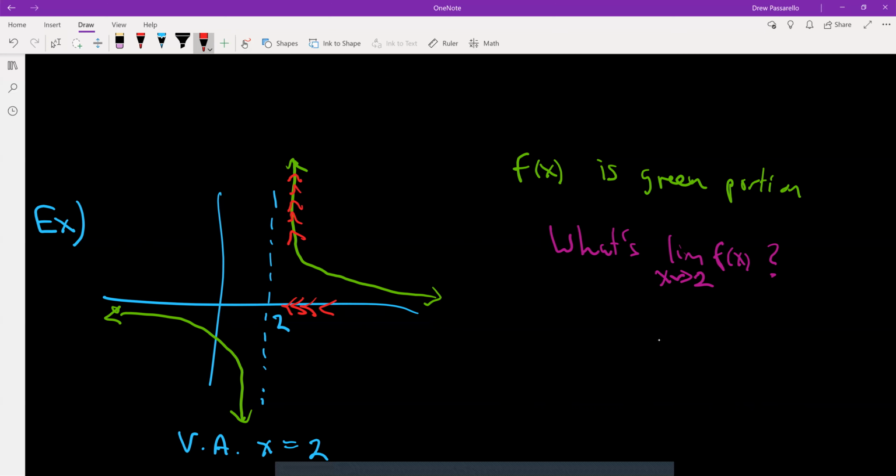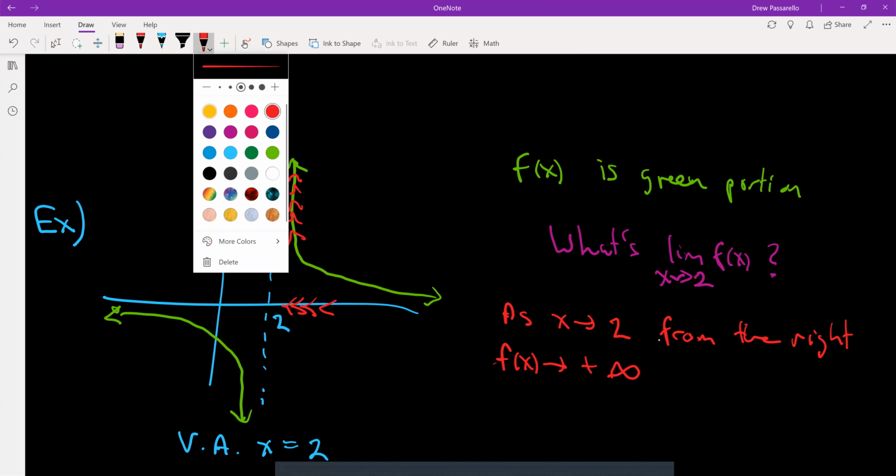It shoots up forever to positive infinity. So as x approaches 2 from the right, the f of x values get infinitely big. They approach positive infinity.